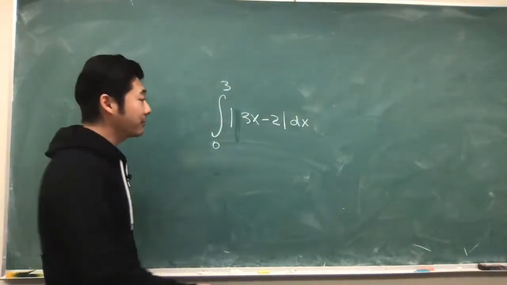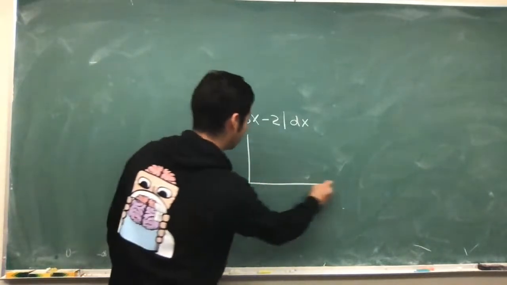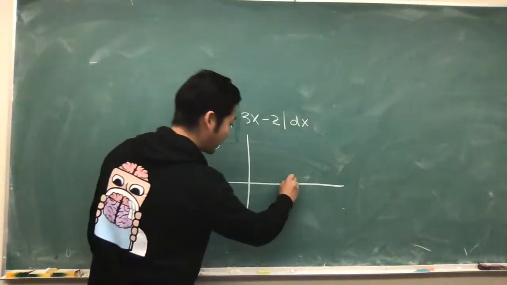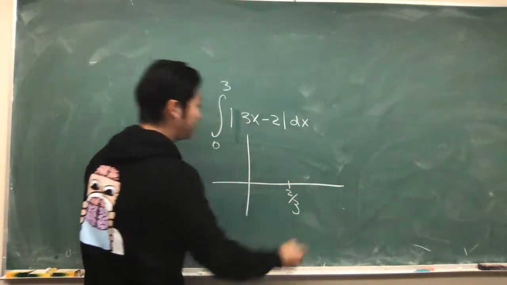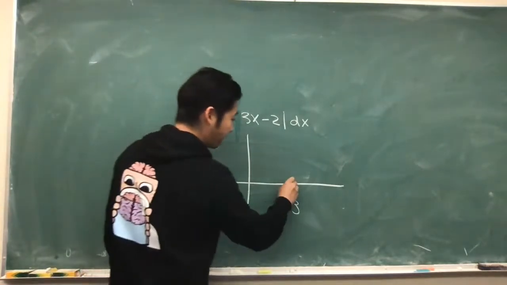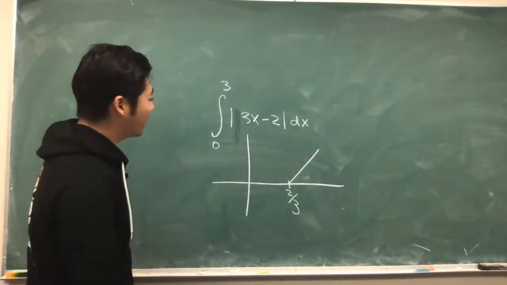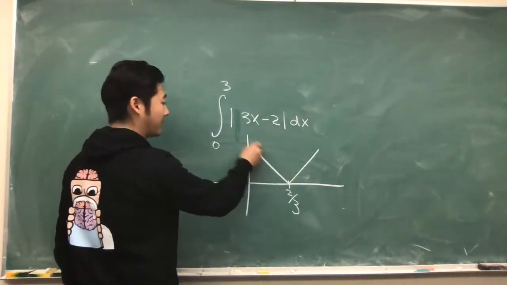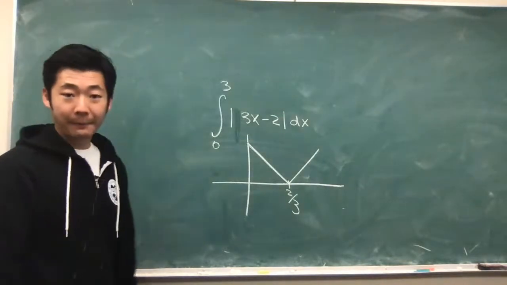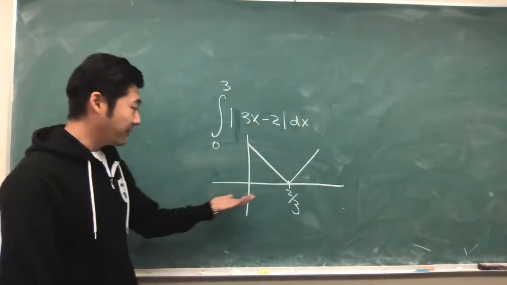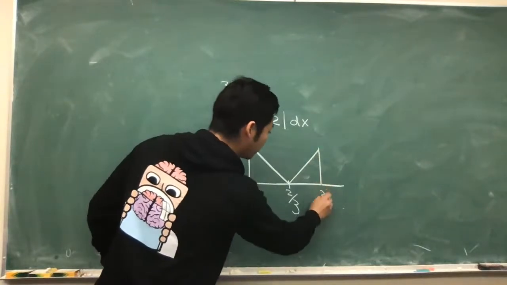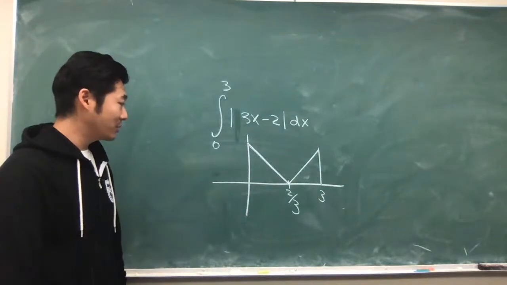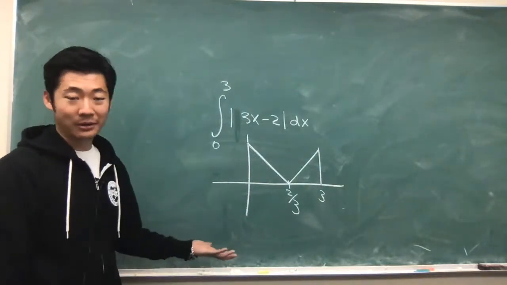So if you draw the graph, then it has a 0 at 2 over 3. And then it goes like this. If it's less than 2 over 3, then it's negative, so it would go something like that. So you're supposed to figure out the shape. This is not drawn to scale, but you're supposed to figure out what the area of these triangles are.